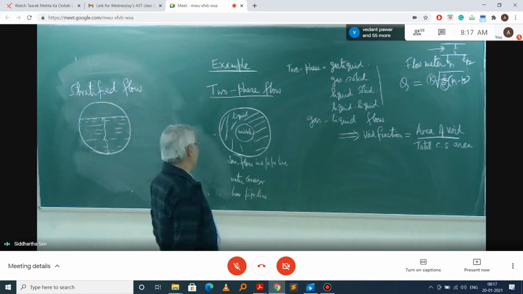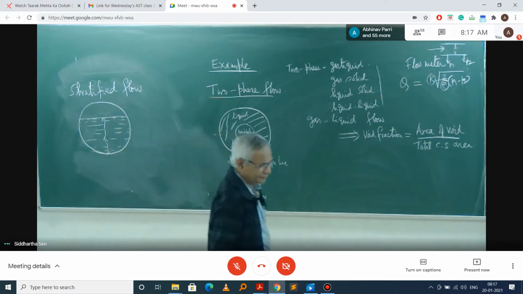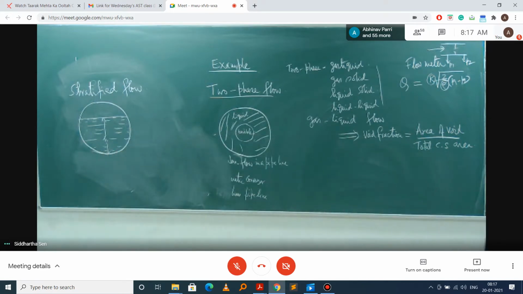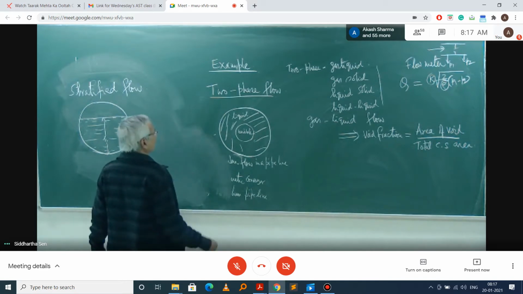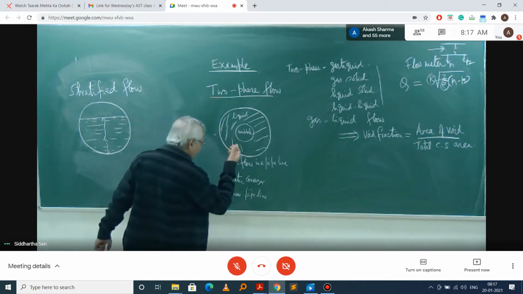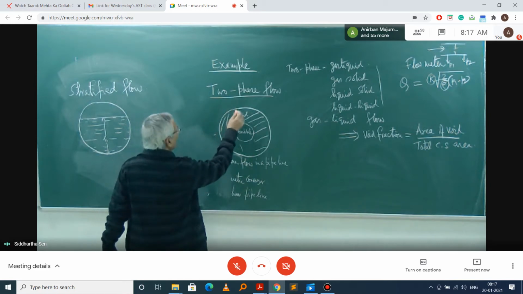In both the cases, what we can have is basically a measurement for the resistance and capacitance calculation there. For the sake of simplicity, what I do is that this may be a non-metallic tube.